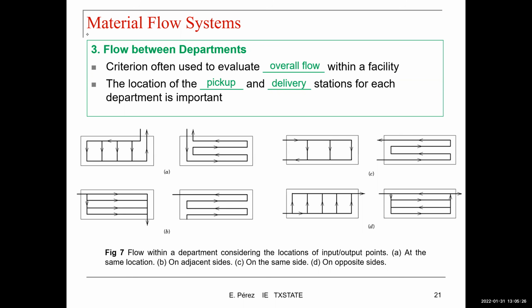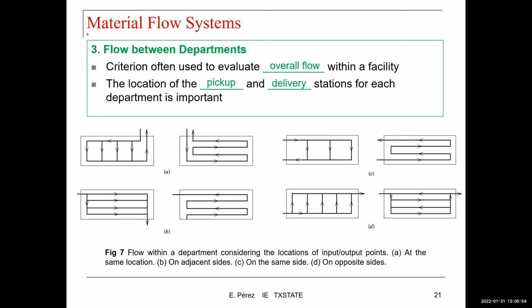So that happens here and here. In C, we have them on the same side, but it's not located in the same position. They're located in different corners. So you can go in from one area and then move out from the same wall, but at a different location. And then the flow happening, input happening on the opposite sides, right? So here goes in this wall, goes out in this wall.